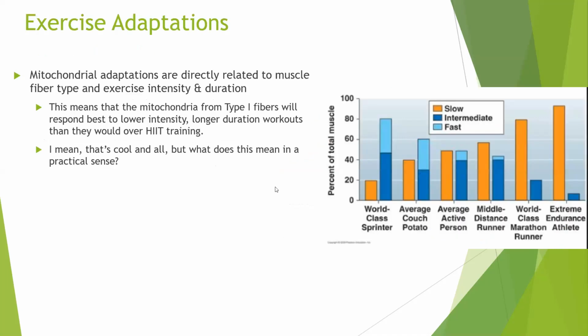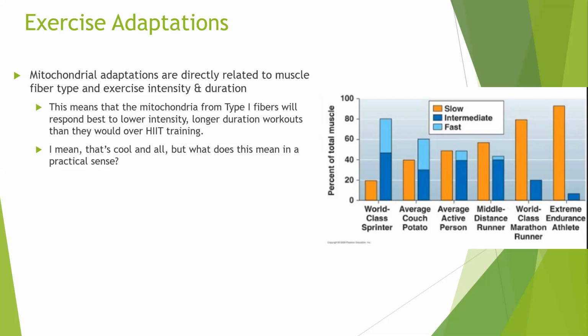Now, finishing up here with kind of the important stuff, exercise adaptations. So I mentioned the mitochondria previously, and mitochondria will adapt to exercise relative to your muscle fiber type, exercise intensity, and exercise duration.